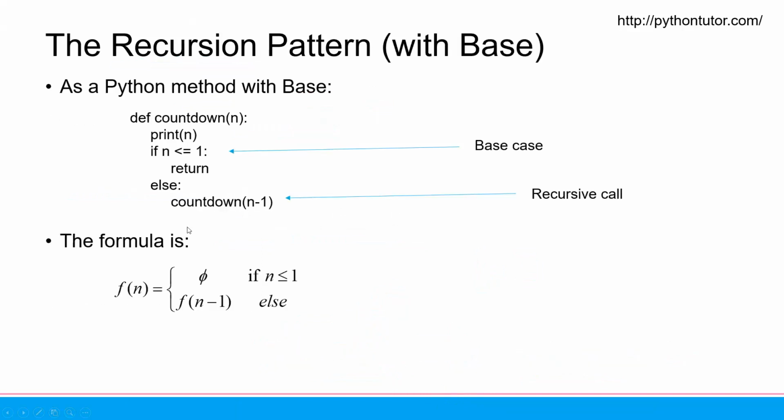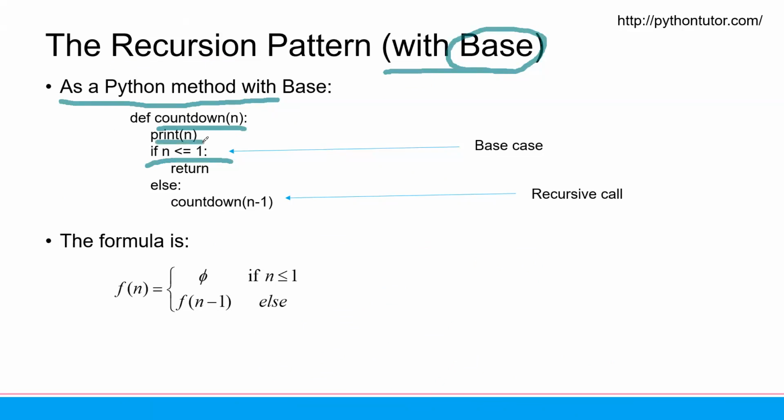So for recursion, we need to have a base. We call it a recursion pattern with base. What does it mean by base? A Python method with base shows that whenever we have a function, there should be a stopping criteria, or a stopping condition.